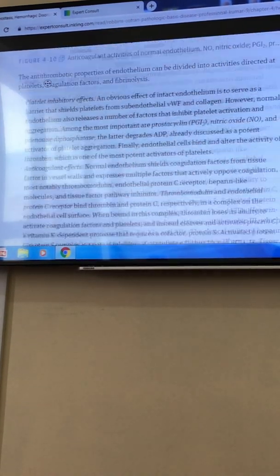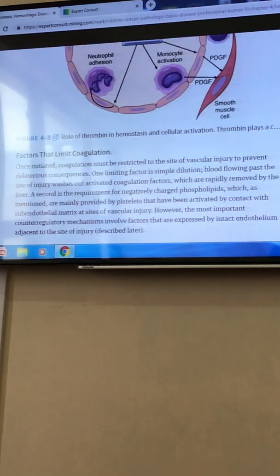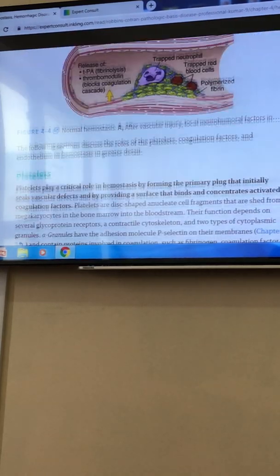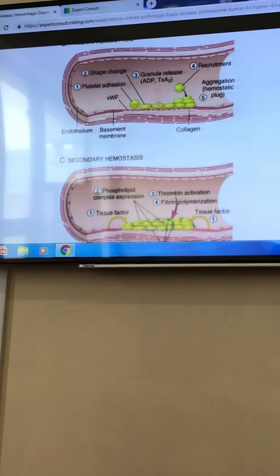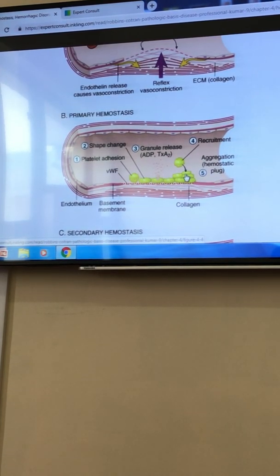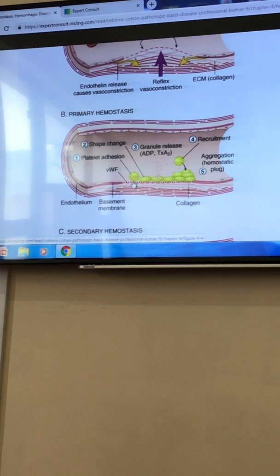As you remember this picture, in primary hemostasis, we have platelets, collagen, and the von Willebrand factor for binding of platelets to collagen.